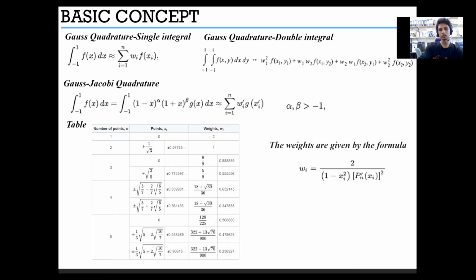These are known as Gauss-Jacobi quadrature, and this is like this. So we will not discuss this right now.